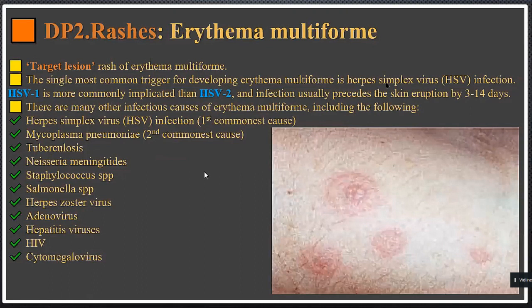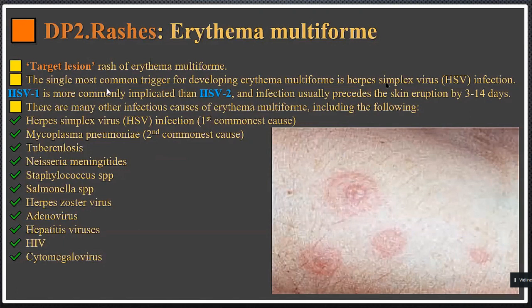Erythema multiforme, number 2 in the dermatological presentations. Target lesion. Here you have to understand 3 rashes. Number 1, target lesion. Number 2, Stevens-Johnson syndrome. Number 3, toxic epidermal necrolysis.